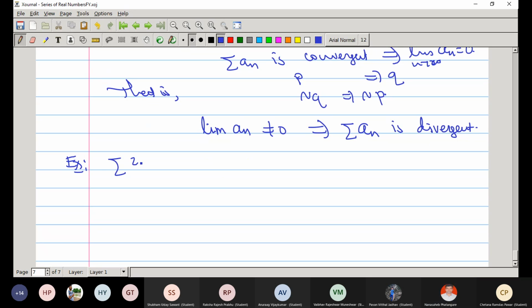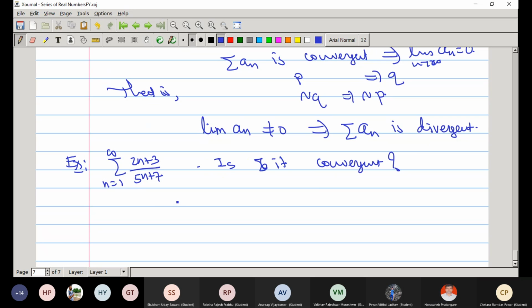Take the series of 2n plus 3 upon 5n plus 7, n from 1 to infinity. Is this series convergent?